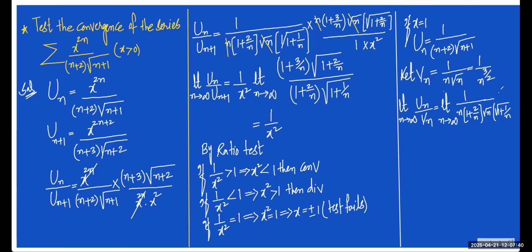Multiplied by the second fraction reversed, so n root n. Look at how many terms are cancelled: this n cancels, root n cancels. Applying the limit, we get our answer as 1, which is a finite value.